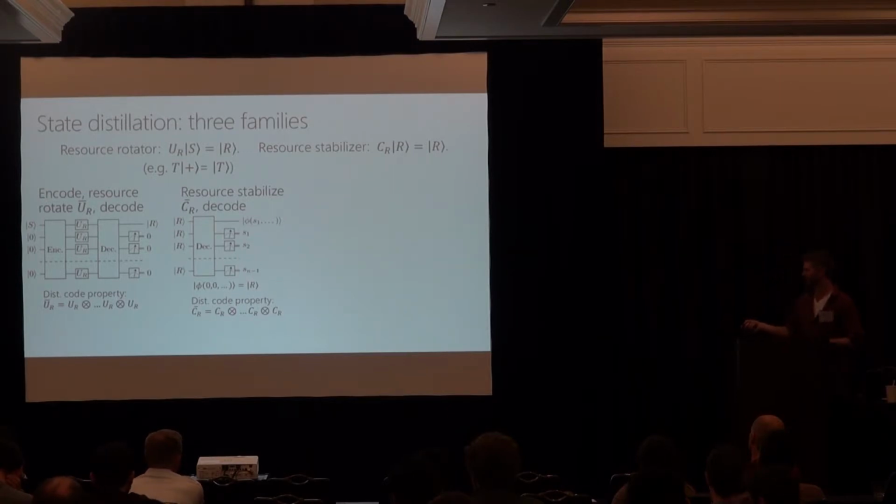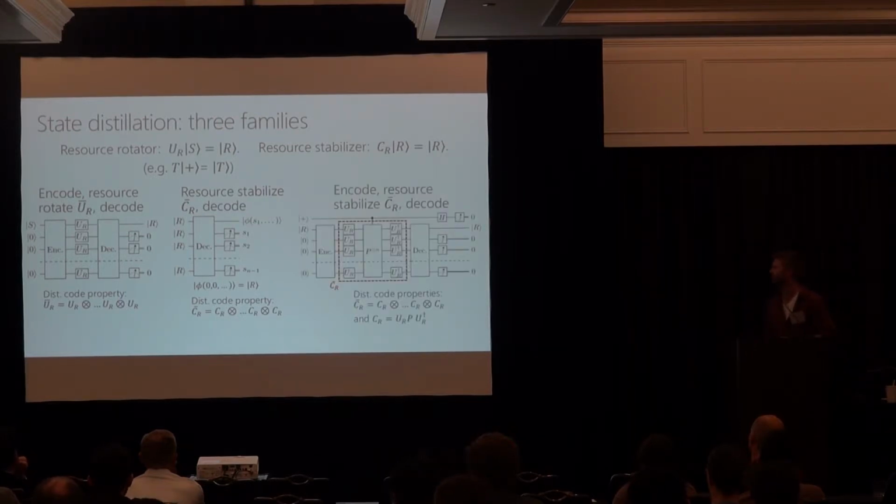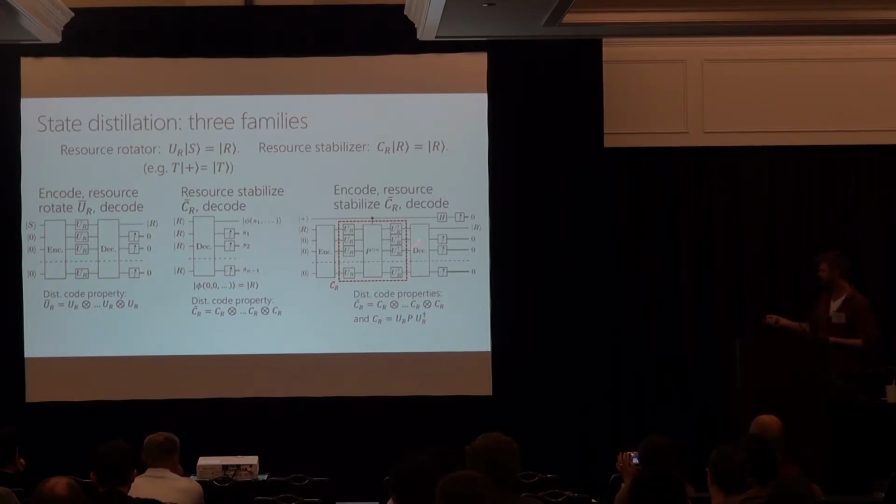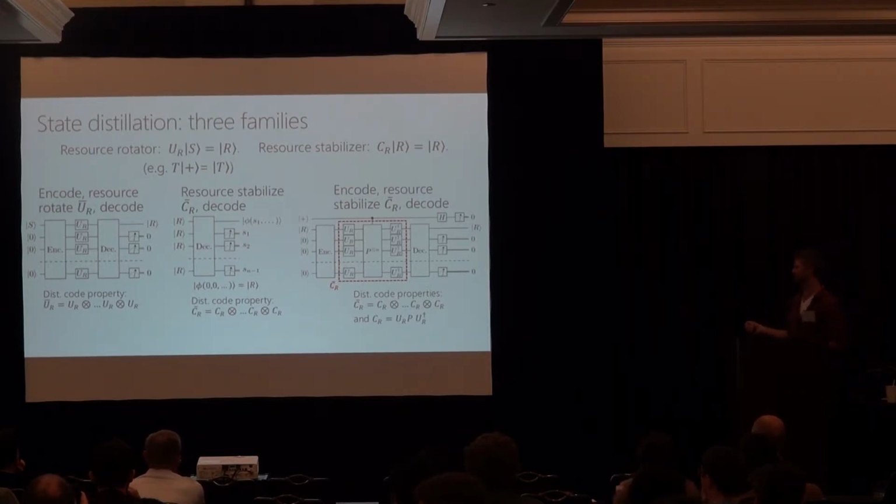The problem with this is that, so this is the one that Jungwon kind of brushed aside, because even if all of the initial states are perfect, the decoding will only pass with some finite probability because the original state is not a code state. So then the other method, which is really what Jungwon was talking about, and also Cody Jones and Meyer, Easton, and Knill did, is this approach here, where it's in some sense a combination of both.